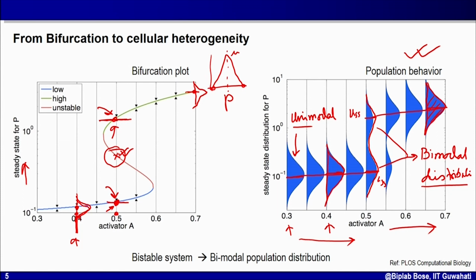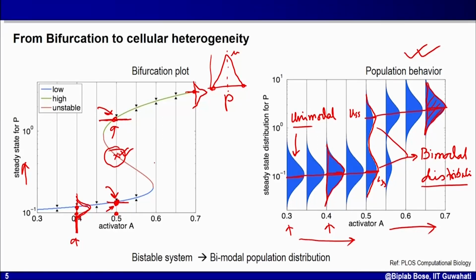If I have a system in which, depending upon external signal, I have bistability, because if you look at the bifurcation plot here, I have one stable steady state here, another stable steady state here. So this system is called bistable. So it has two steady states which are stable.